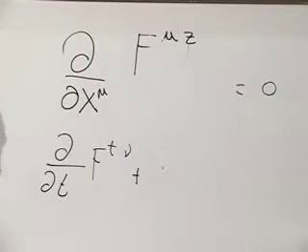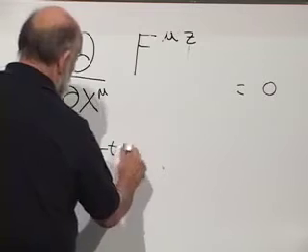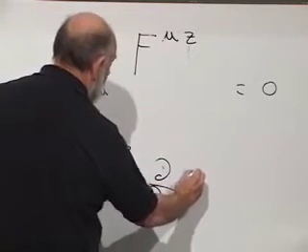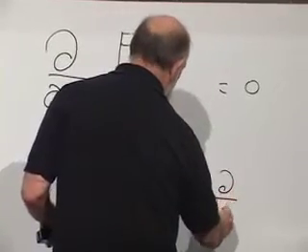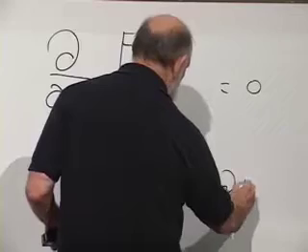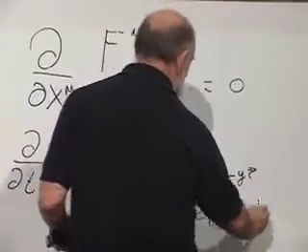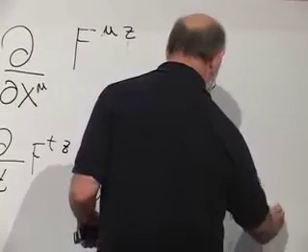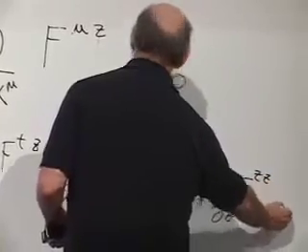Let's take it to be z and see what we get. d by dt of F tz plus d by dx of F xz plus d by dy of F yz plus d by dz of F zz equals 0.